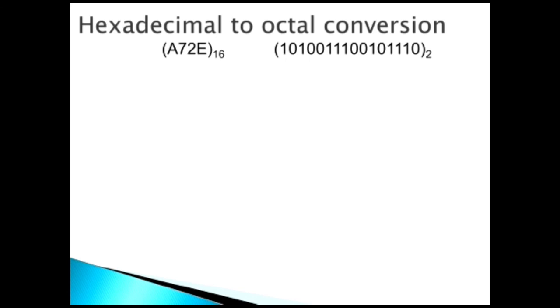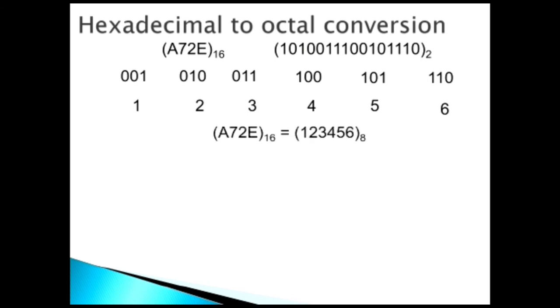Now we will make the 3-digit set of each binary conversion. Here there are 7 sets arising and these are converted into the octal form, and the solution is 123456 in the octal number system.